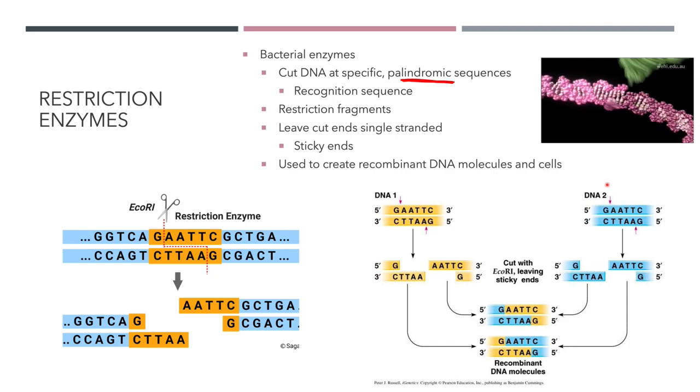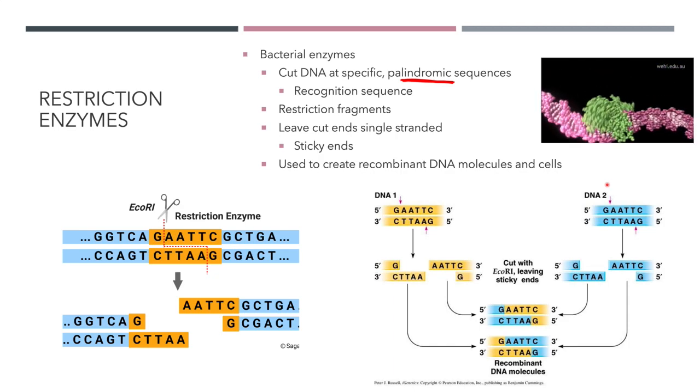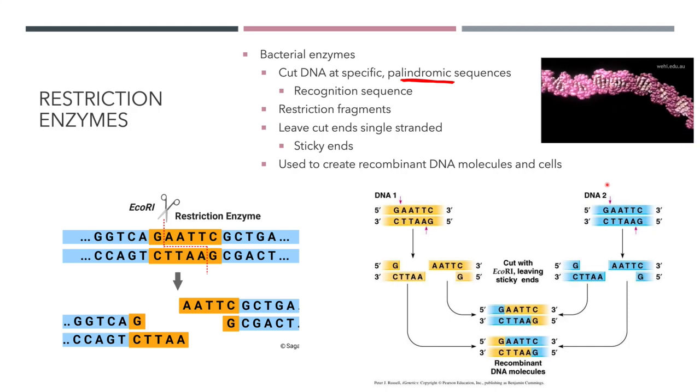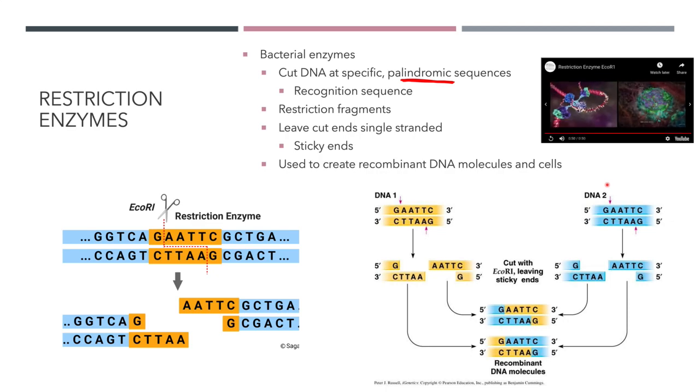Base pairing occurs. DNA ligase repairs the sugar phosphate backbone, and we now have a recombinant plasmid. And that's how restriction enzymes and recombinant DNA is made.